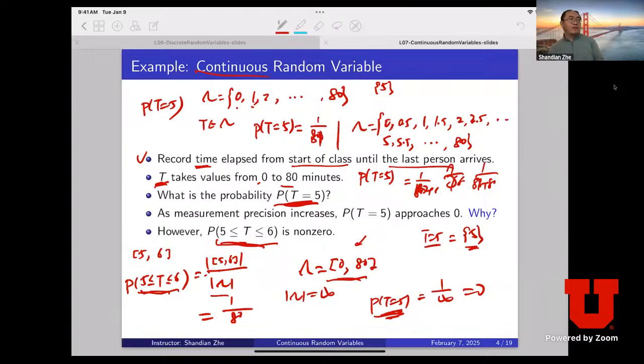But in a more general case, this will be out of scope of this class, but just for your reference, we have to define some measure over those sets. Measure means that I'm going to give you a way to quantify the volume of the sets. But the volume of sets doesn't mean how many elements are in the sets. It just means volume.